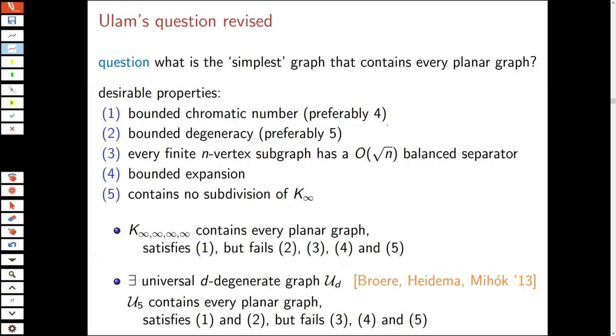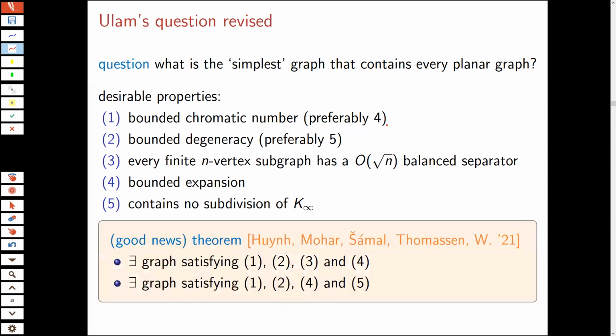So that's not so good for us. But the good news theorem is that there exists a graph that satisfies properties 1, 2, 3, and 4, so that's most of ours, and there's another graph that satisfies 1, 2, 4, and 5. So that's another useful graph. It satisfies most of our desirable properties, and each of these graphs still contains every planar graph as a subgraph.